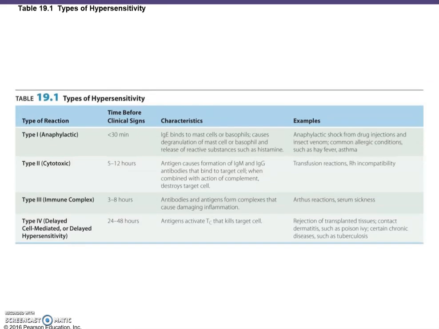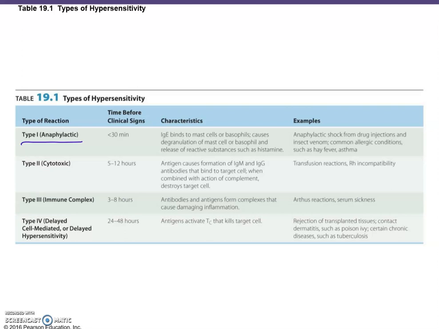So here we're starting out with type 1, this anaphylactic. This one is potentially very dangerous, even life-threatening, because it can lead to shock. And then it's called anaphylactic shock because you have a body-wide release of histamine, and that can lower your blood pressure, and then you go into shock.